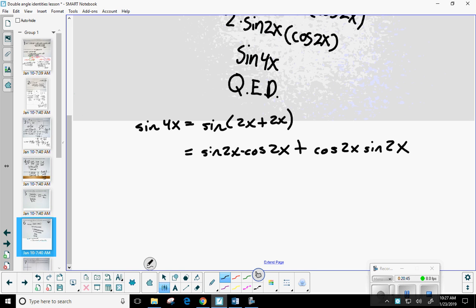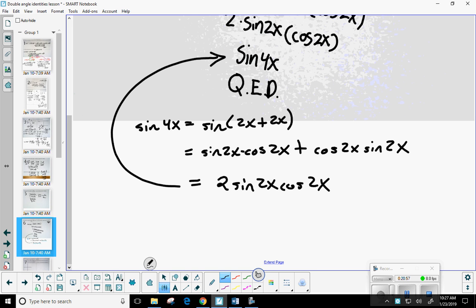Nope. So sine 2x cosine 2x plus cosine 2x sine 2x would be 2 sine 2x cosine 2x. See, they're like terms. So I was able to show again that that does equal sine of 4x, just in case anybody was still having a little bit of a problem with that. Okay. Questions?